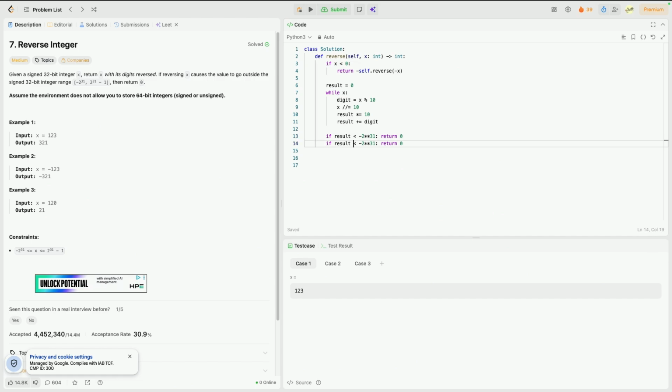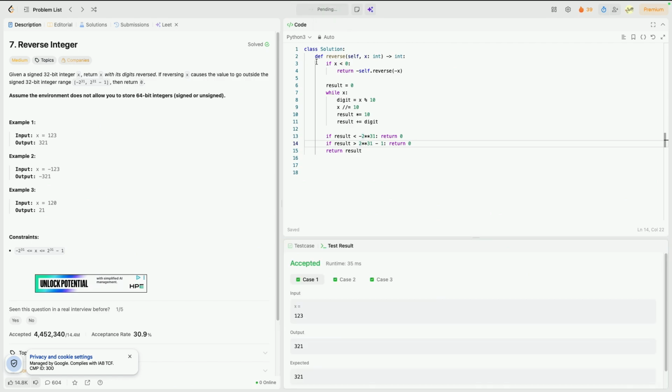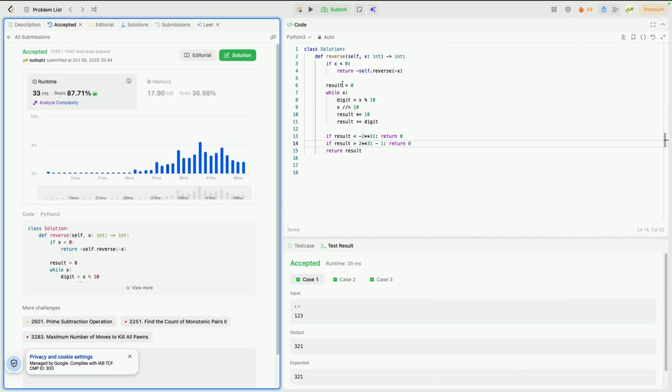And if the result is larger than 2 to the 31st power minus 1, then we're outside of the positive range, so we also return 0, otherwise we just return the result. So that's a quick way of solving this. Boom. And by the way, the runtime is log n, as is the space complexity.